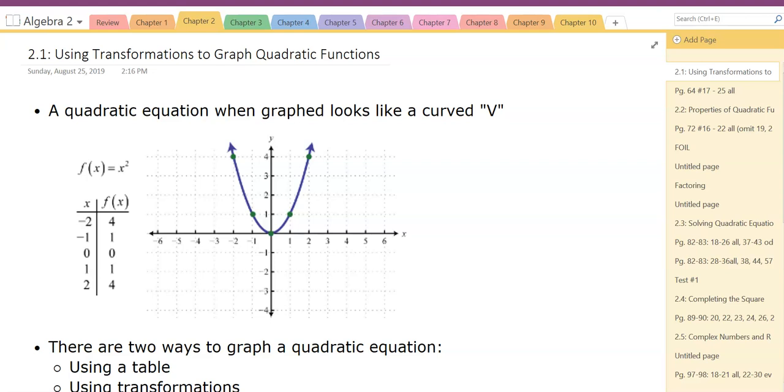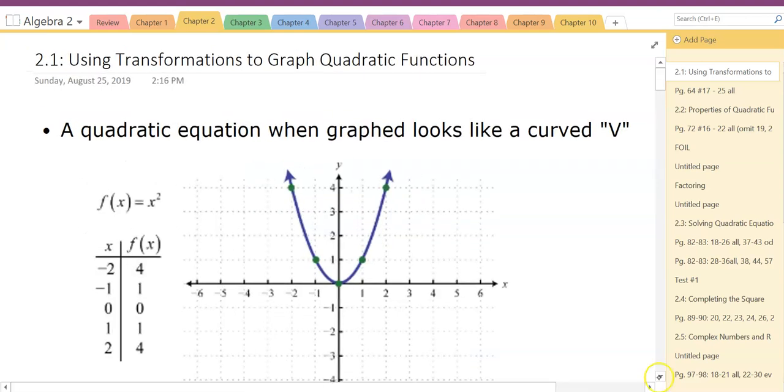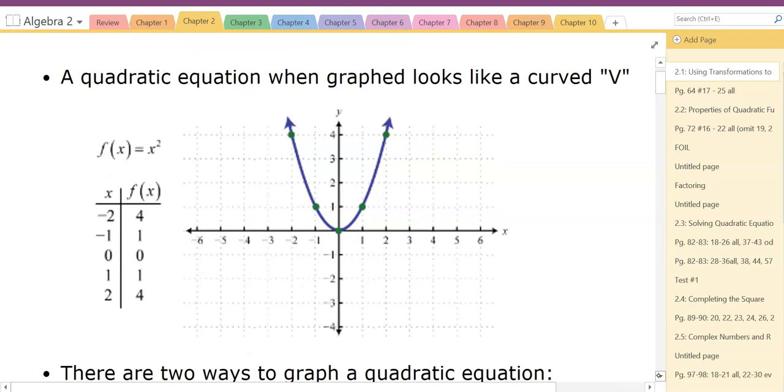So the basic shape, like I said, is a curved V or a U shape. The parent function, which we talked about in chapter 1, starts at 0, 0, that point right there in the middle. And notice the points like -2, 4 and 2, 4, and -1, 1 and 1, 1. Those mirror each other.